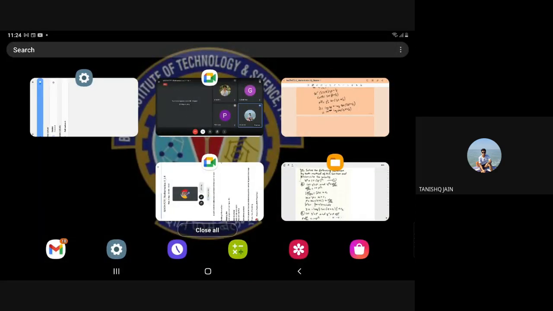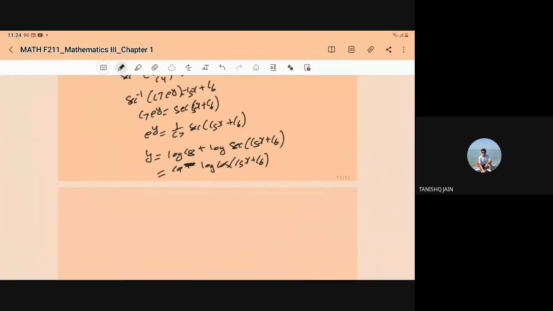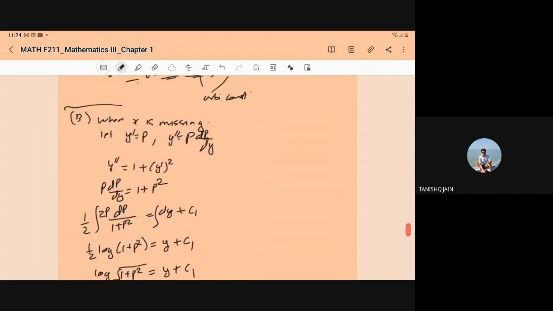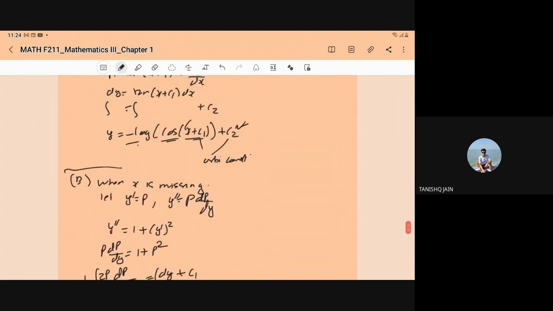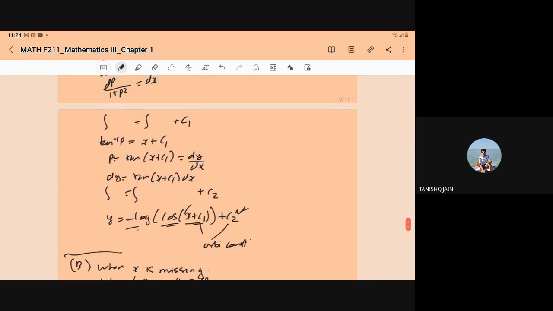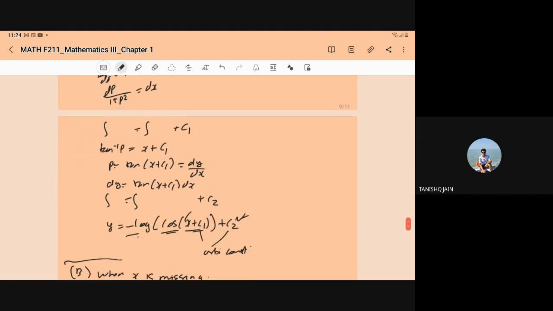Can you show case 1 once? Pardon? Can you show the case 1 where x was missing? Sorry, y was missing. This is the solution, case A. So this is only the case A. Okay, sir.